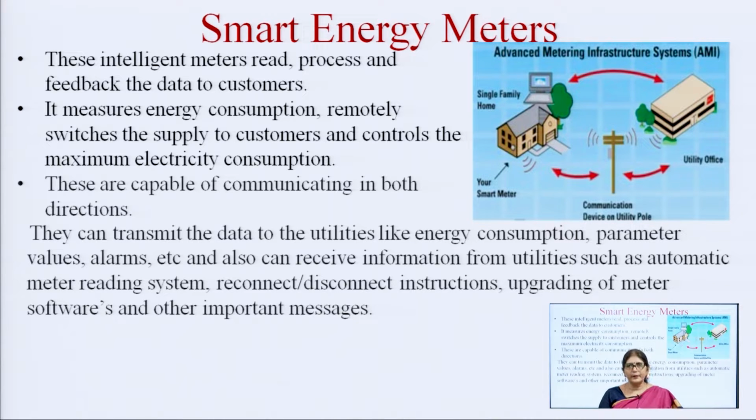So, these are the smart meters. The utility office can upgrade the software, and connect or disconnect the meter by sitting at the office. All the data is automatically transmitted to the utility office, and whatever action the utility office wants to take, they can take by sitting at their office only.